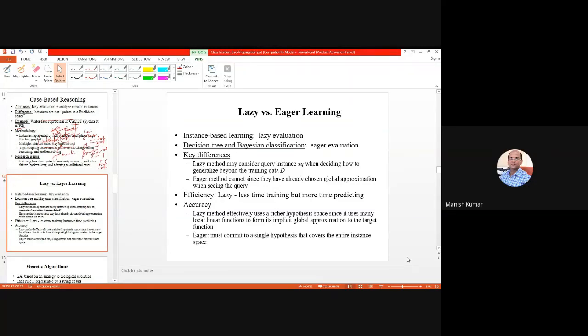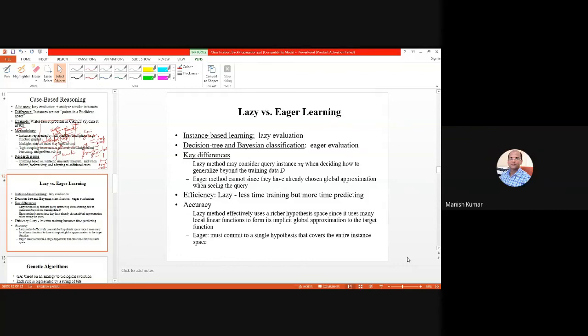The difference is that lazy methods may consider query instances, like some point xq, when deciding how to generalize beyond the training data D. They cannot have already chosen global approximations when seeing the query. Whereas eager learning goes for global approximations before seeing the query.